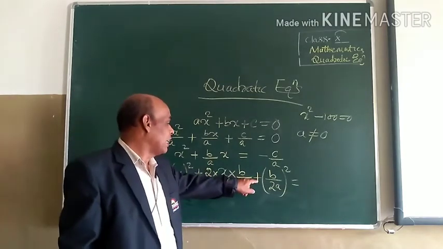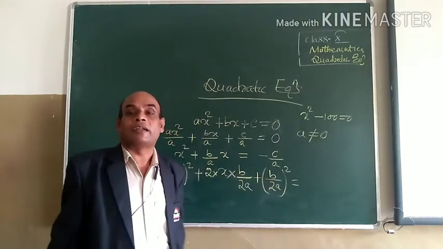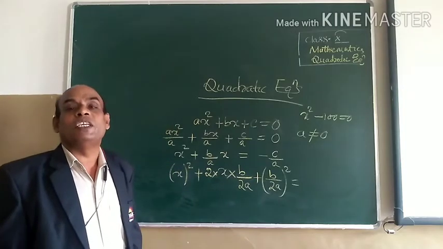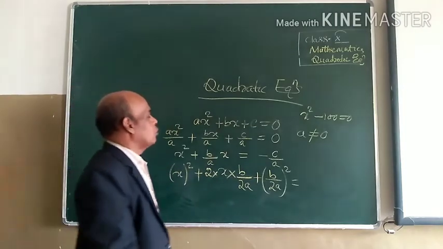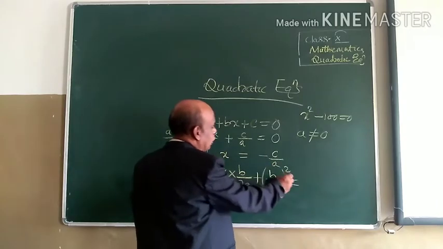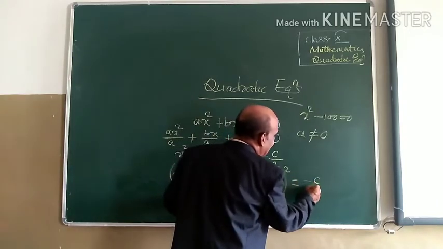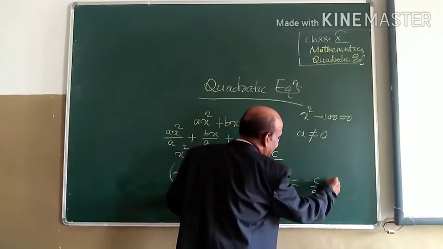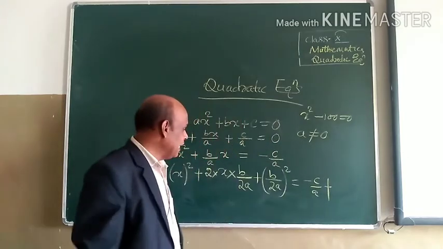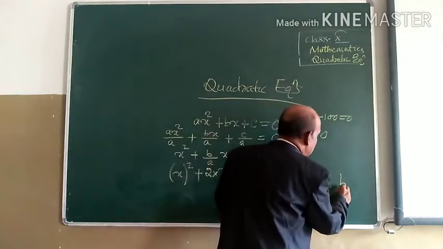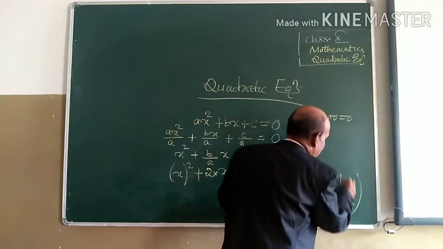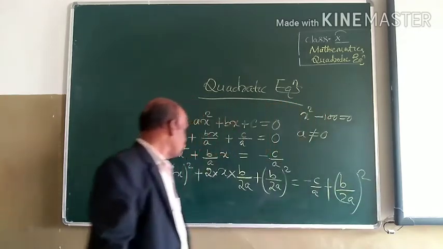So ultimately I will write plus b square. Plus b square means (b by 2a) whole square. So now you see, after the equals sign there was minus c by a. So I wrote minus c by a plus again (b by 2a) whole square. Why did I write this? You just observe.